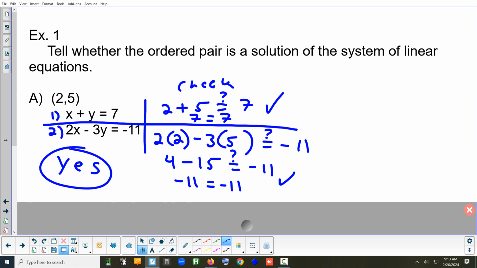What do they look like? Like an X shape, right? They're going to be 2 lines. And when you draw 2 lines, how many different places can they cross if the slopes are different? They can only cross one time. That's why there is only one pair of numbers that would ever work in both of them. And in this case, 2, 5 are the numbers that work.